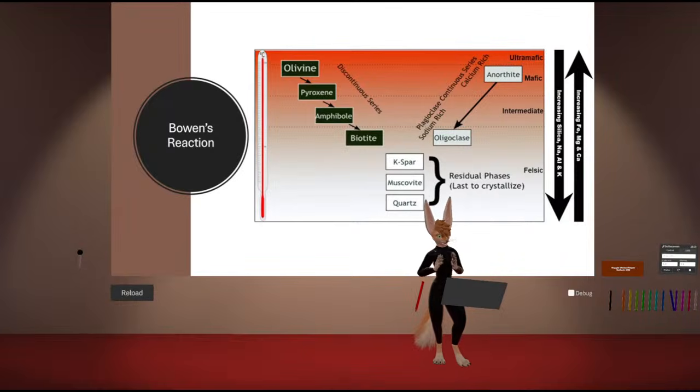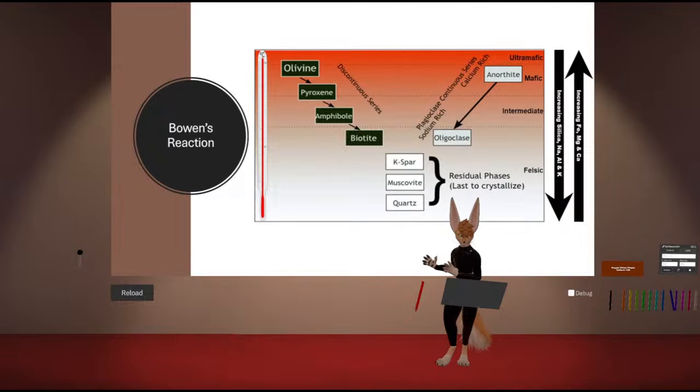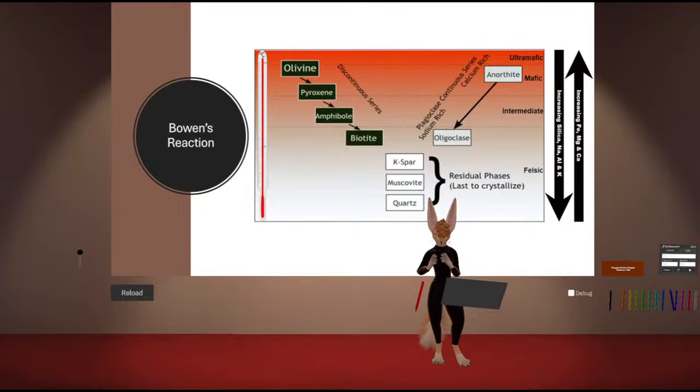But how can a melt produce felsic rocks such as granite or mafic rocks such as gabbro with fractional crystallization? As a melt cools and minerals crystallize, the early minerals that crystallize at higher temperatures, dark minerals, pyroxene, amphibole, biotite, tend to suck up the iron and magnesium.